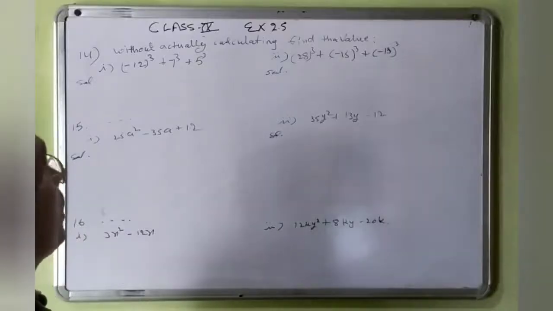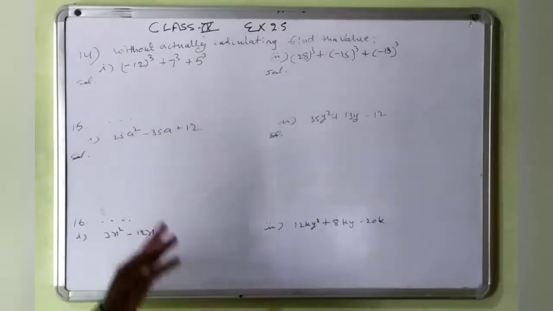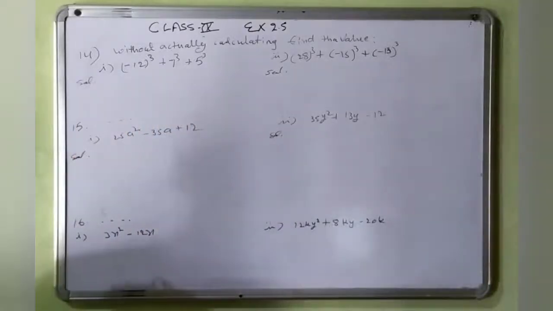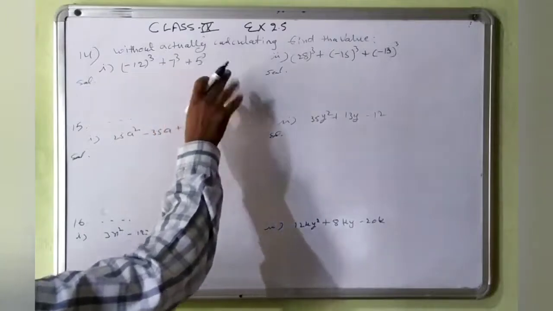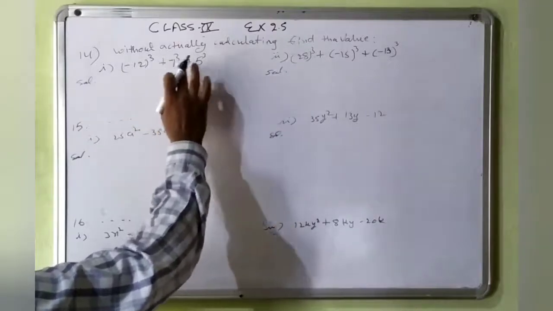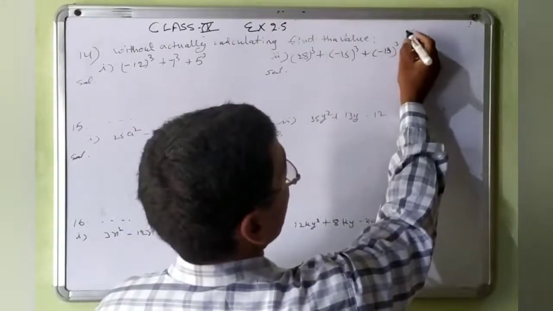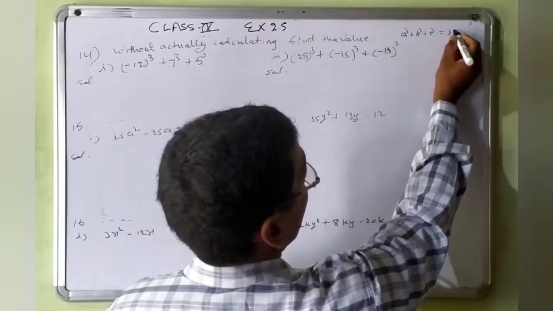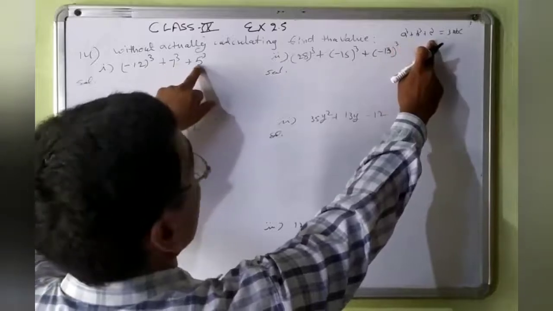Question number 14: without actual calculating, find the value. It means we will not multiply or add here; we will apply identity number 8. So a cube plus b cube plus c cube is equal to 3abc, when a plus b plus c is 0. Here a is minus 12, b is 7, c is 5.